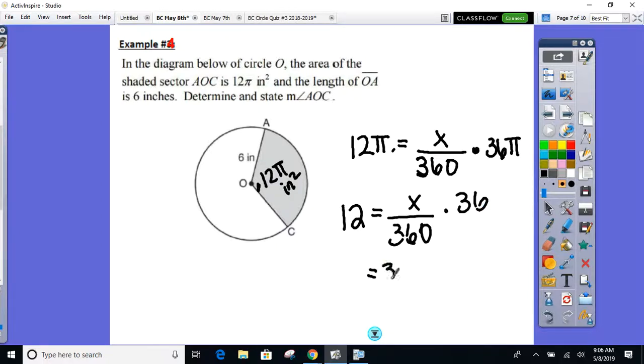So we'll have 36x here. What do we got over on the left side? 12 times 360?